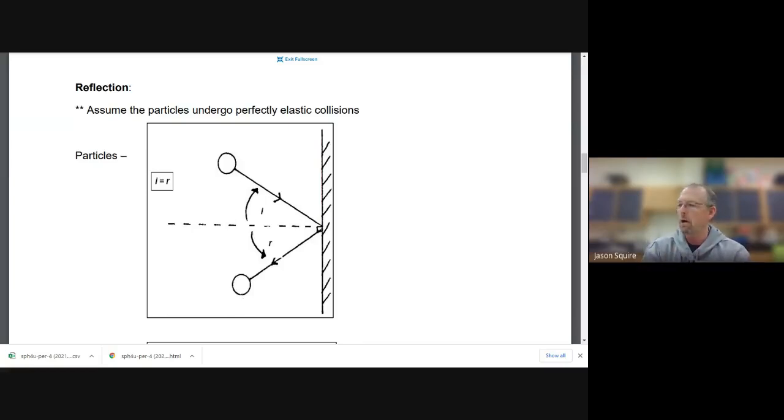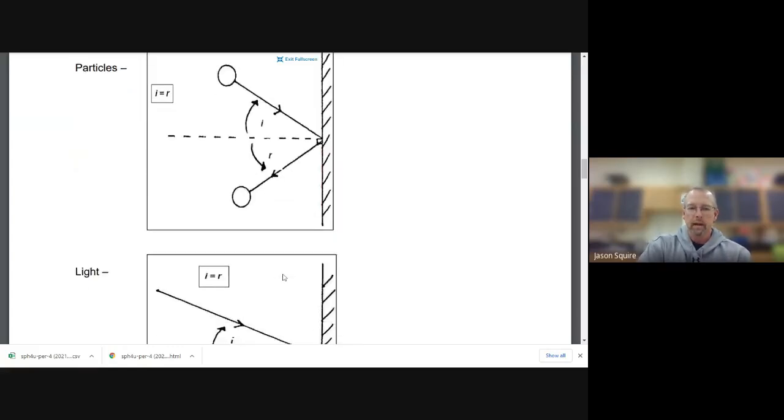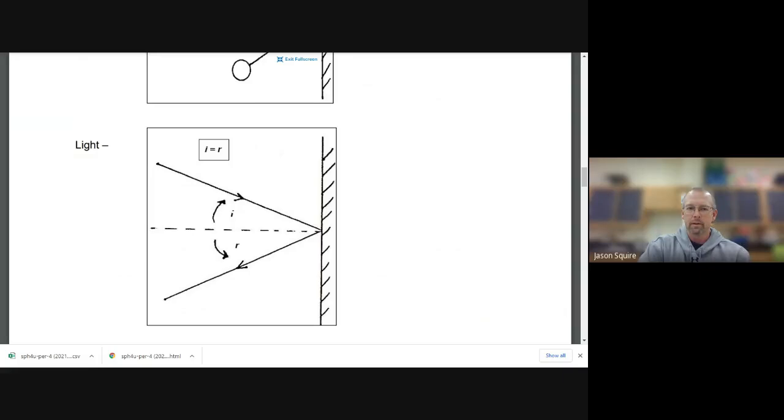And this is a law of reflection where the angle of incidence equals the angle of reflection. The angle in equals the angle out, and that was grade 10 stuff for sure. We knew that. Okay, and that's always the case. And lo and behold, a beam of light does the same thing. Beam of light coming in towards a mirror, hits that mirror and bounces off with the angle of incidence being equal to the angle of reflection.